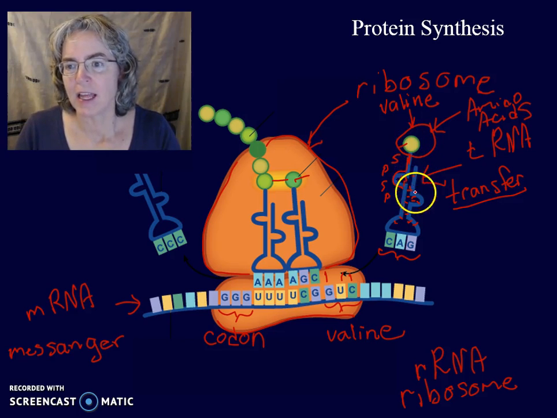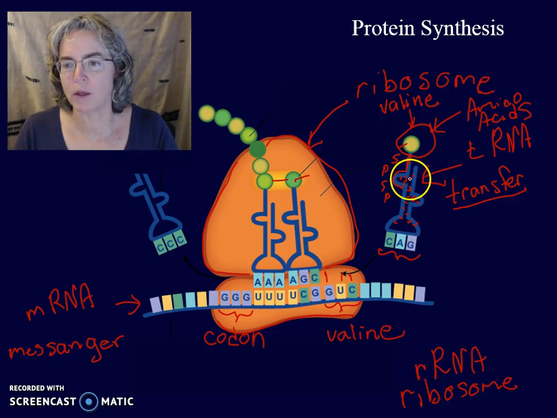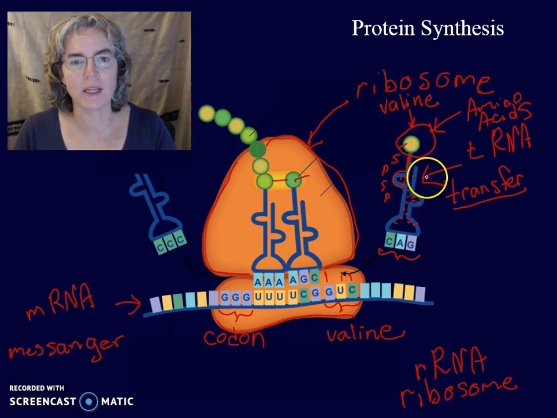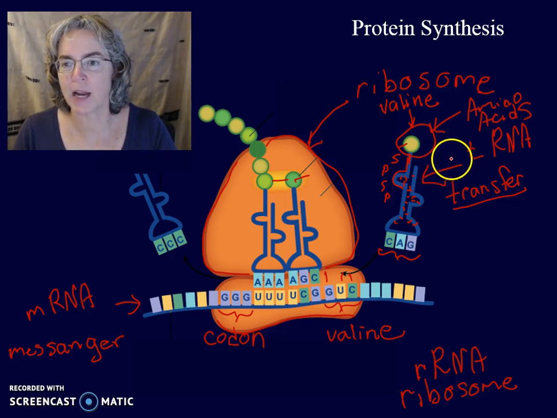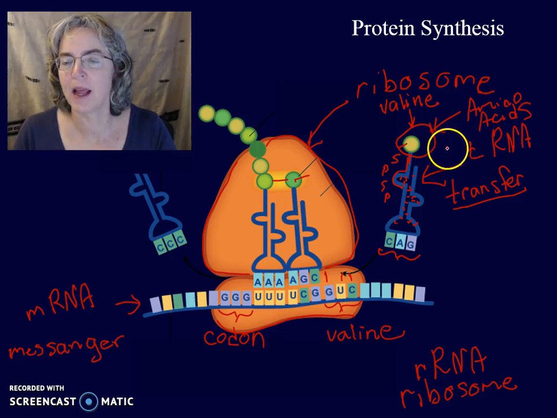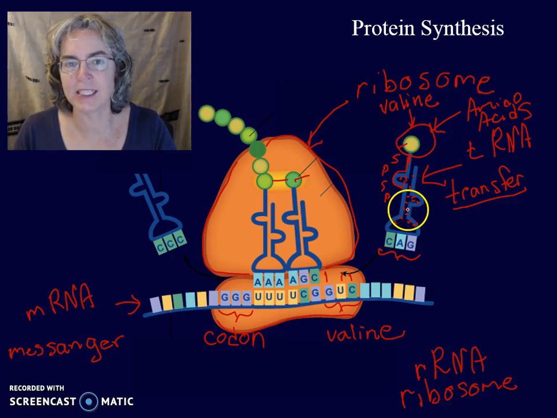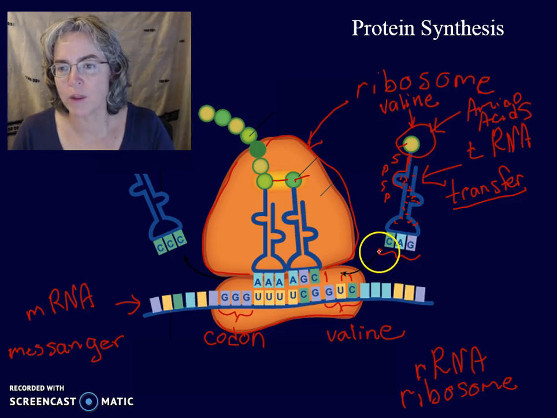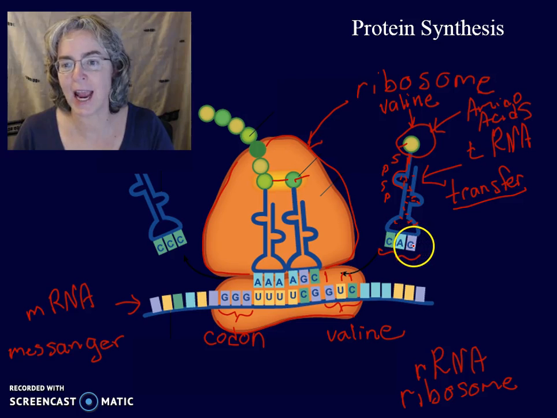And so this tRNA molecule floating around in the cytoplasm, with the help of, guess who? Another enzyme. An enzyme will attach this valine onto a tRNA molecule, but a specific one. So this one right here that has the code CAG.